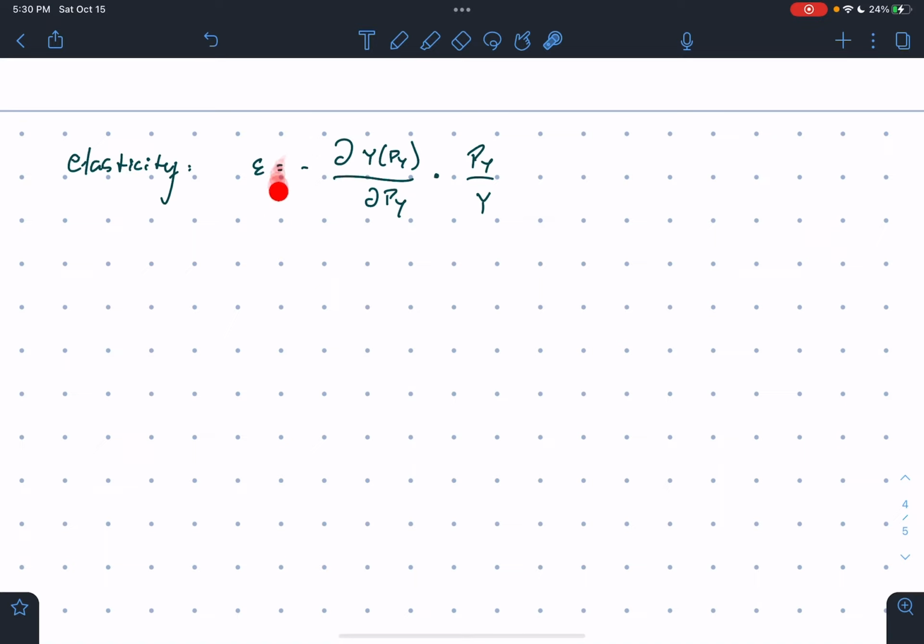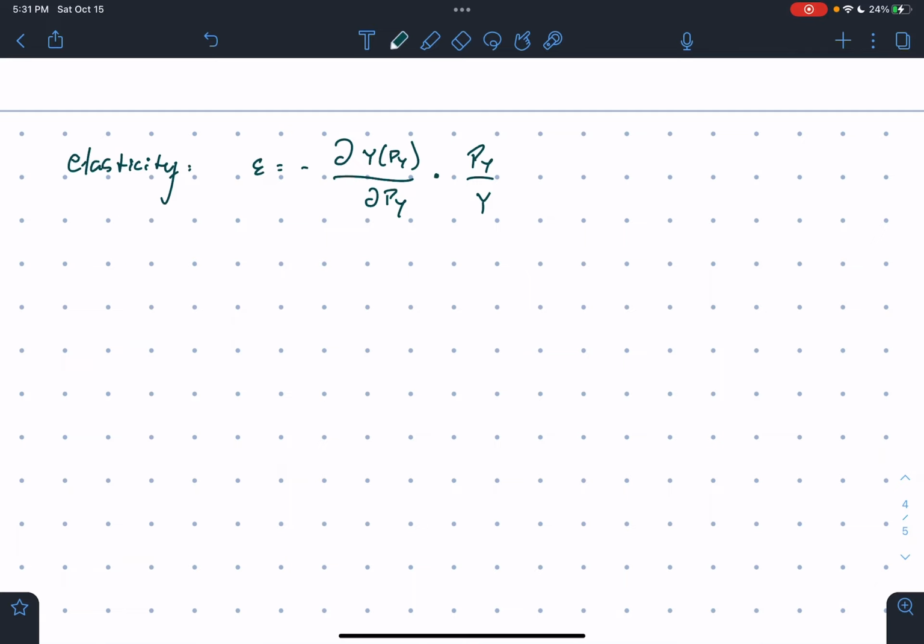Note that I'm doing a negative here because this derivative is going to be negative, so I take a negative to make this positive. That's just a convention, just part of the formula. So if I want to find the elasticity, I just take the partial derivative of y with respect to py, and then multiply by py divided by y.